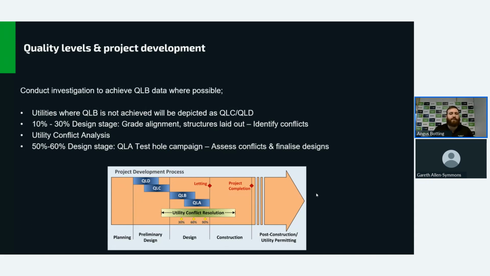But what they should really be doing, we believe, throughout the whole process, is contacting a subsurface utility engineering firm like ourselves, and then you can let them do the base maps, building from the base maps, letting you know when the quality level B studies should be completed. And then once your design is finalized or more finalized, you can begin the quality level A and start actually hydrovacing and daylighting.